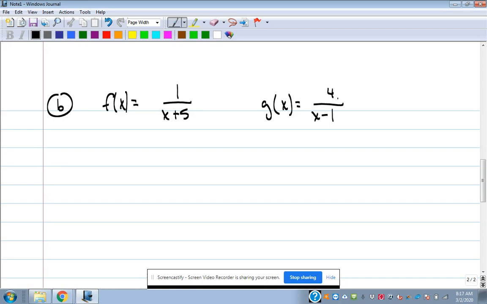Again, we're going to follow the same instructions. We're going to state the domain of f of x, state the domain of g of x, and then state the domain of our composite function, and then actually find the composite function. So a lot of stuff going on with this one because we see on both of these, we got x's in the denominator. So there's going to be restrictions on both of those pieces. So let's get the domains of each of those individual functions first.